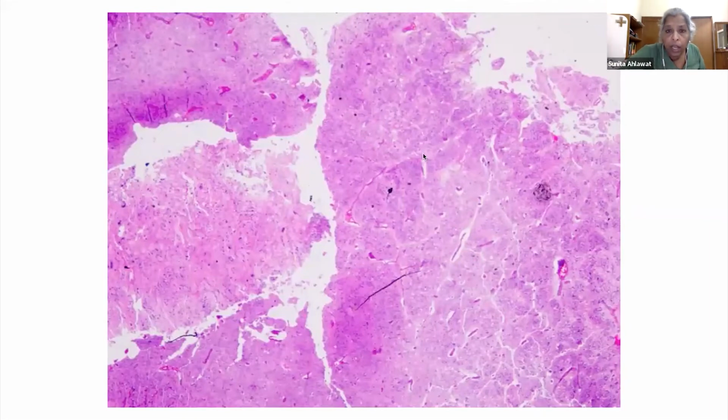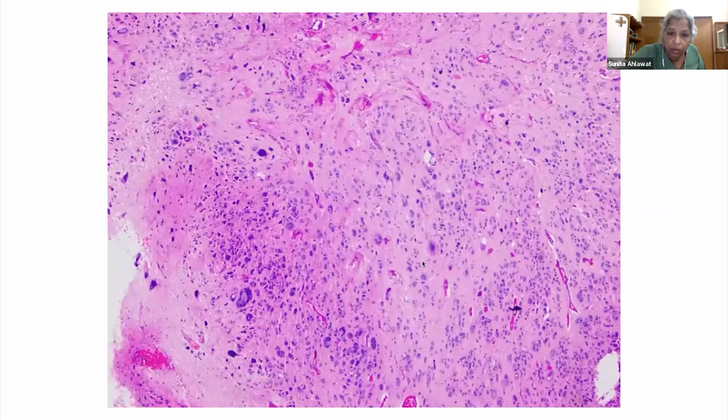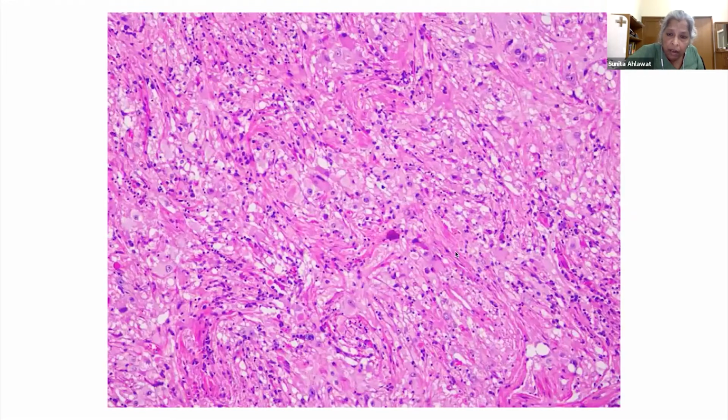At this power, you can make out there are lobules and lobules; the pattern is very lobular. This is one such lobule, and when you see, there are large cells, and then there are areas which show very glial morphology, and then there are these clusters of smaller cells.